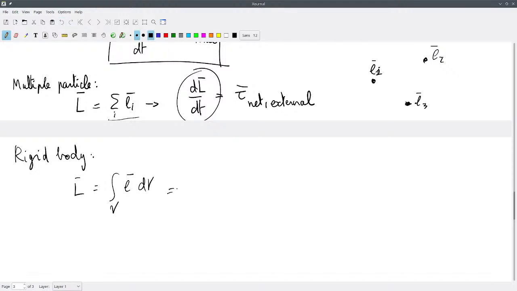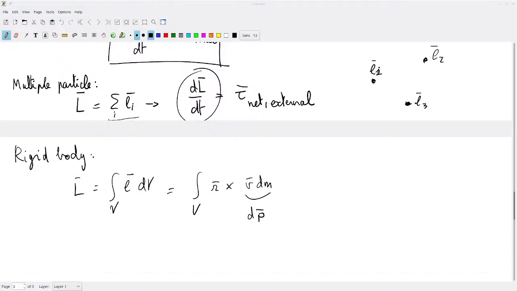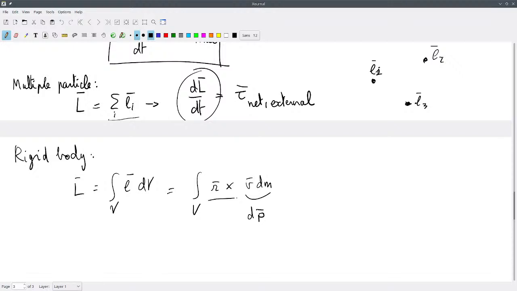And so we're going to write this as the integral over the entire volume of r cross, and the part that is going to be in the place of the linear momentum here is v dm. That's the delta p, the infinitesimal momentum, or I guess I should write it as dp. That's the infinitesimal momentum contribution, which unfortunately, for mathematical reasons, we now have to put into that cross product.